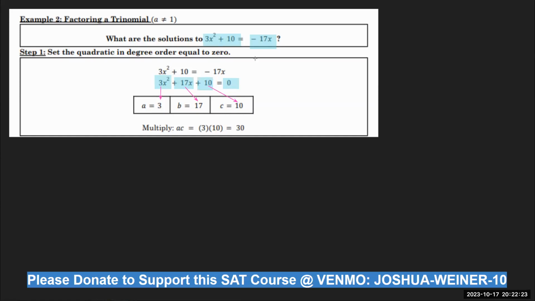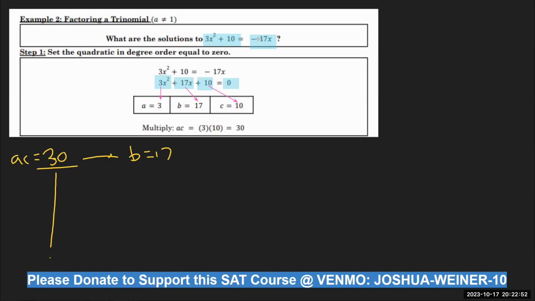Here they're all positive. So when we do this method, the first step is to multiply A, which is not equal to 1, times C. And we get the following. AC equals 30. And we're going to make again a t-table. AC equals 30, and we want to add up to B equals 17.